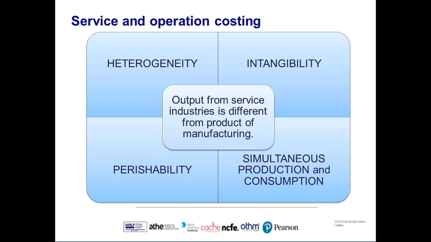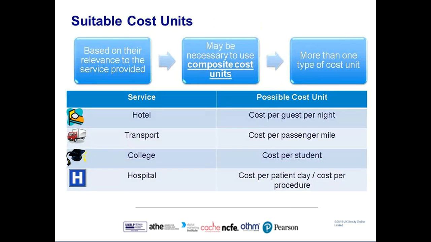Intangibility: service can't be seen, because we can't store it. Tangible assets mean we can see it, touch it, feel it. Intangible, we can't see it, it doesn't have a physical substance. That's what is meant by simultaneous production. We produce and sell. Service is instant.